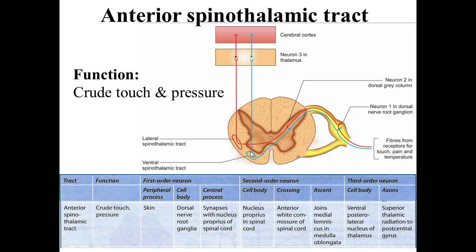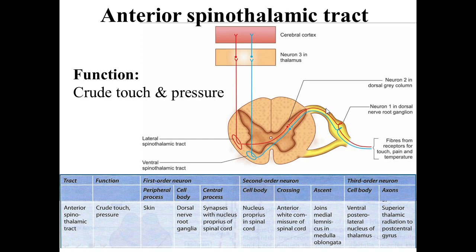So these fibers which ascend represent the anterior spinothalamic tract, and these fibers synapse with the ventral posterolateral nucleus of thalamus, and here the third order sensory neurons arise, and then the axons of these neurons go to the sensory cortex.